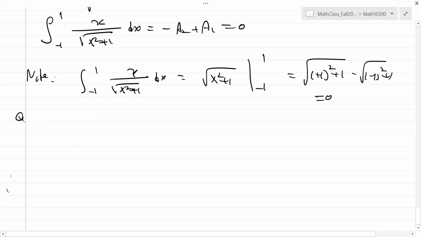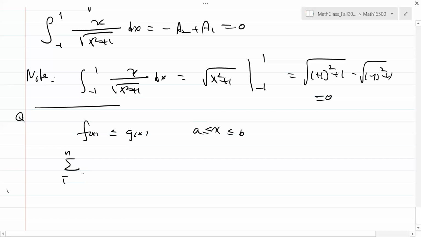Now I'm going to talk about another property of integrals. If you have two functions, one is less than the other, over the interval from a to b, you look at the corresponding Riemann sums, and you will have the same inequality.